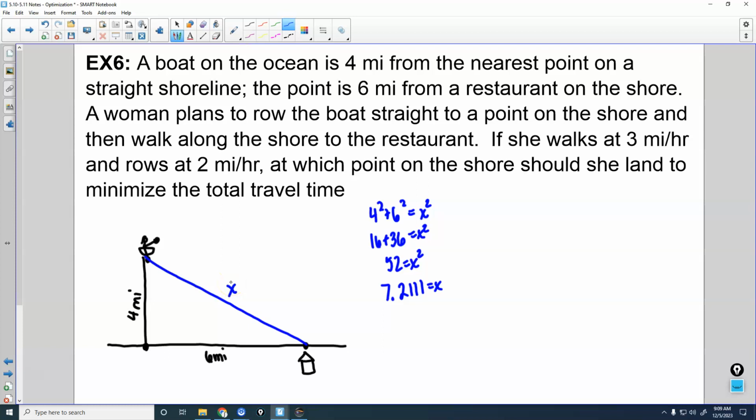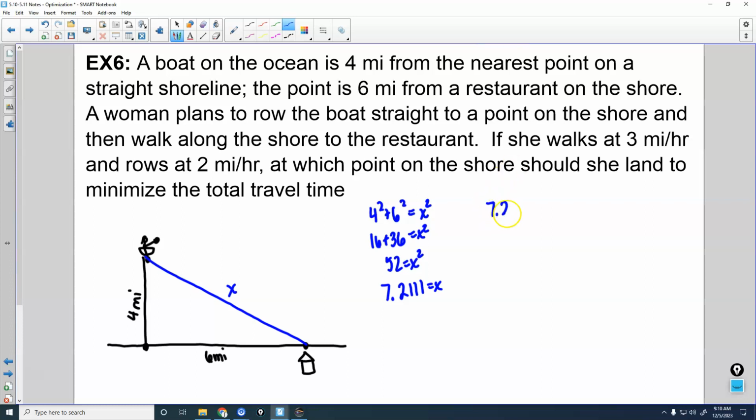Now, here's the thing. She can only row at 2 miles per hour. How long is it going to take her to row to that restaurant? How would we figure that out? She can go 2 miles every hour. Divide it by 2.